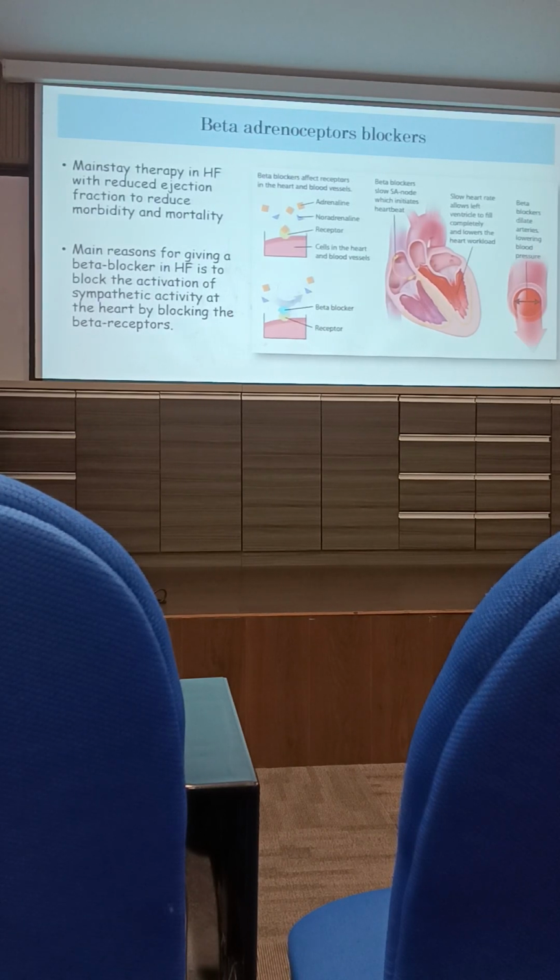So what will happen is that the patient has a negative chronotropic effect, negative inotropic effect. So the heart rate will reduce, the contractility will reduce. So is that good actually? Heart failure, you know, is the heart not pumping well, but now you are kind of blocking. Right?